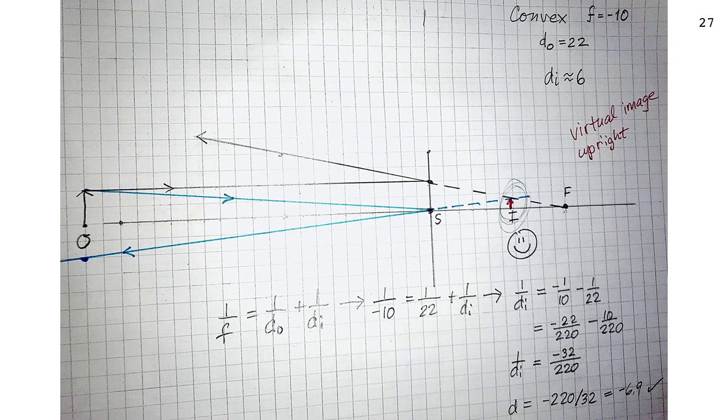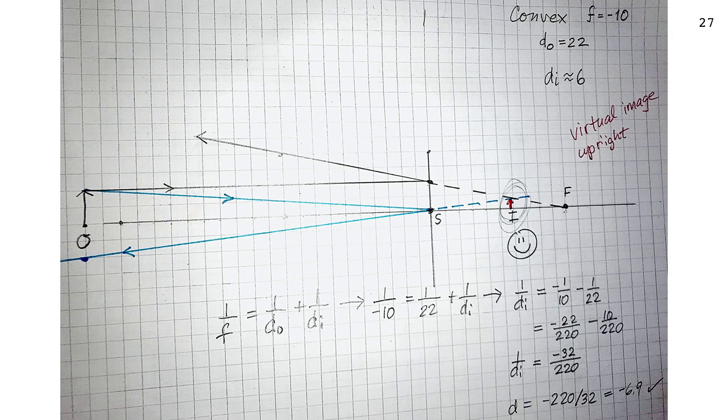Now, let me put my focal point 10 blocks behind the mirror. 2, 3, 4, 5, 6, 7, 8, 9, 10. All right, so here's my focal point, and I'll put my F up here.